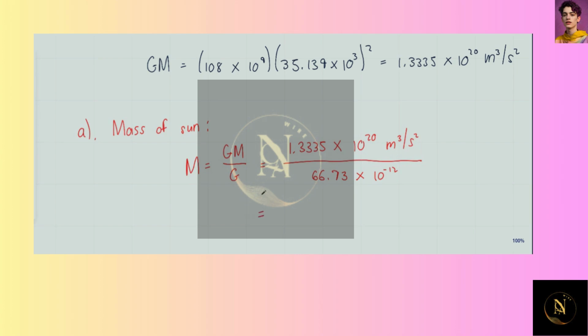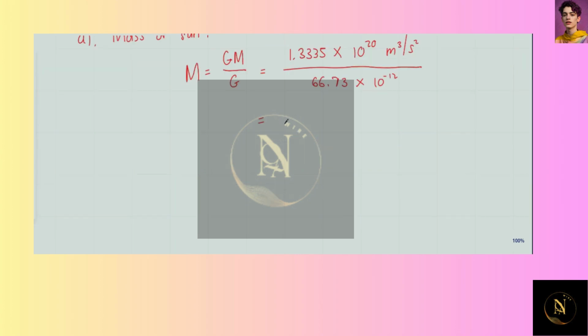And so we get the mass of the Sun to be 1.998 times 10 to the 30 kg. So that's the mass of the Sun in SI units.